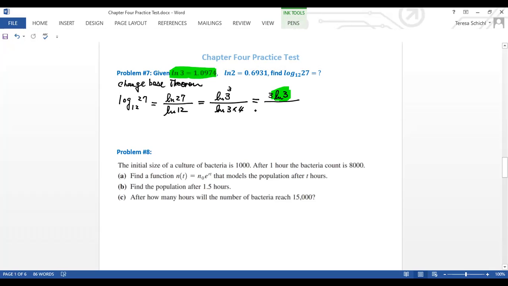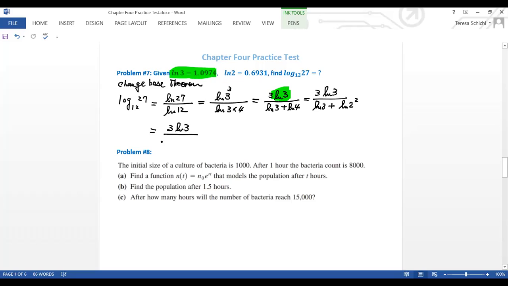The denominator is a multiplication, so I can change it to natural log 3 plus natural log 4. I have the value of natural log 3, but I don't have the value of natural log 4, so I still need to think about how to do that. Natural log 4, I can change to 2 squared.